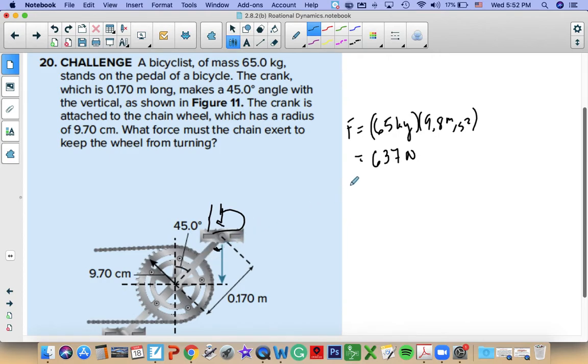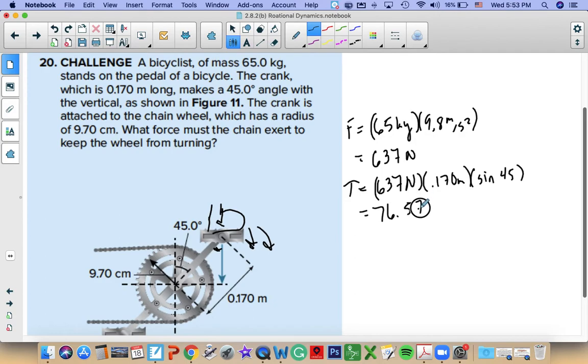So to calculate the torque caused by the push, that's 637 newtons times 0.170 meters, because that's how long that lever is, times sine 45 degrees. That'll give us the torque of that foot pushing down on the pedal.